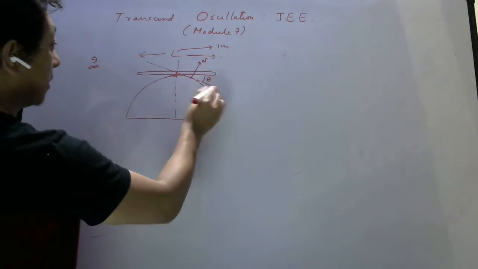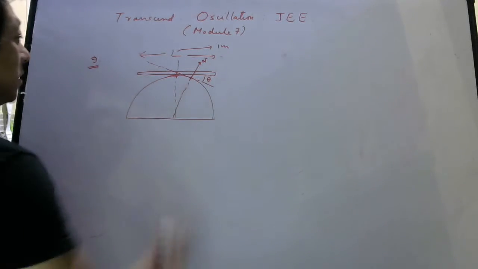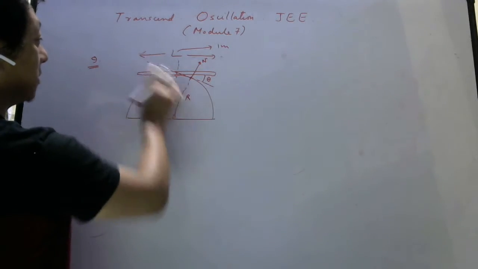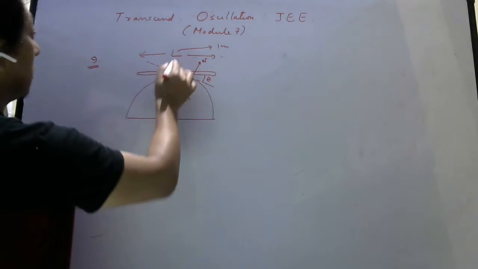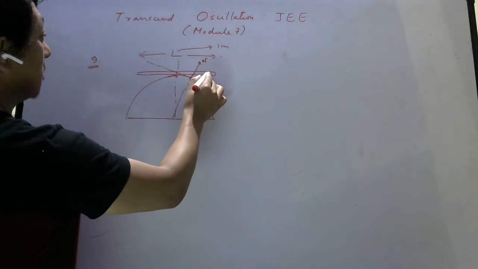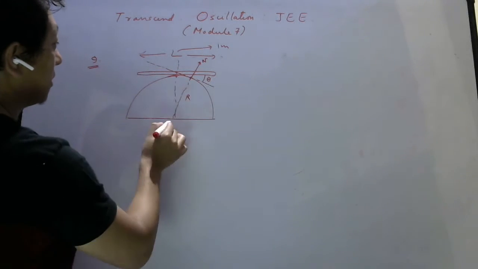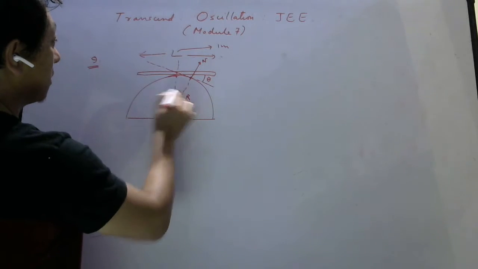Then since this is a tangent to this circle, this should be the radius, right? Radius and tangent are perpendicular. And this line is vertical, this rod was initially horizontal. So this rod and this line are perpendicular, this tangent and this radius are perpendicular, so this is also theta.